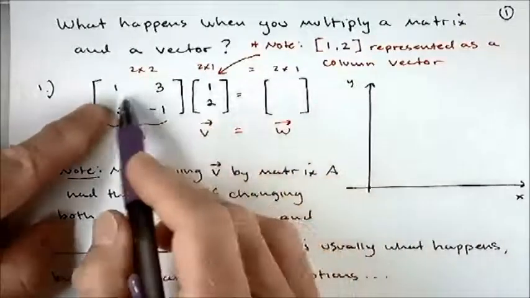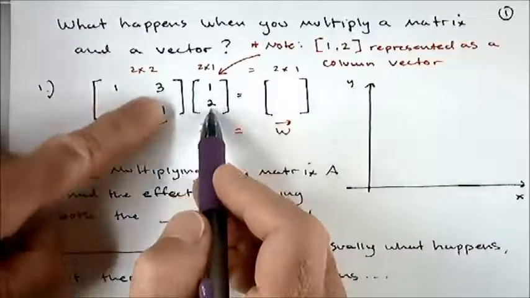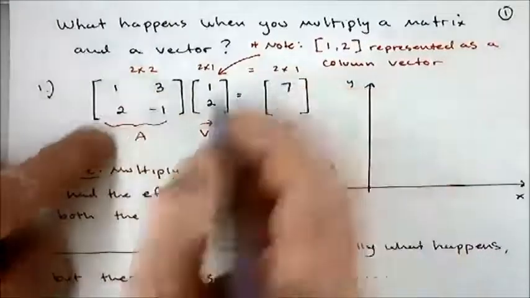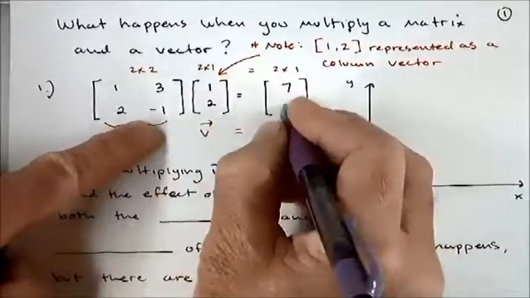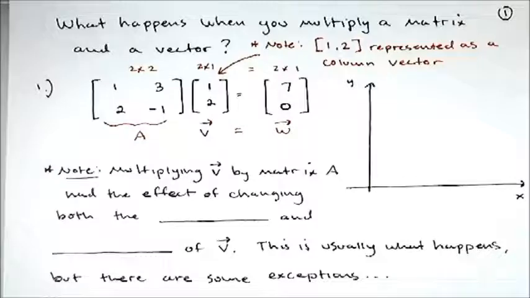Let's see what that vector is. We can multiply this out. 1 times 1 is 1, plus 3 times 2 is 6. That adds up to 7. And then 2 minus 2 gives me 0. The question then is, what happens when I multiply this vector v?